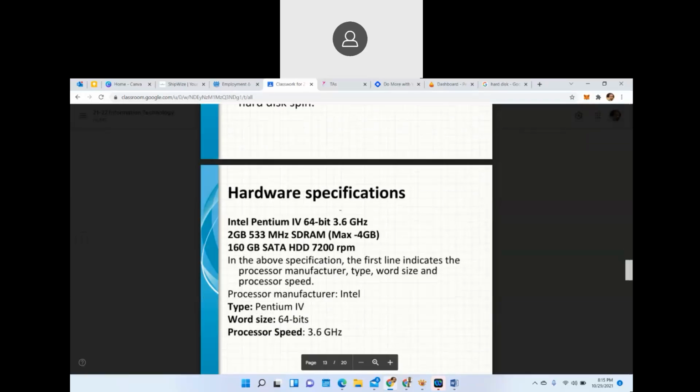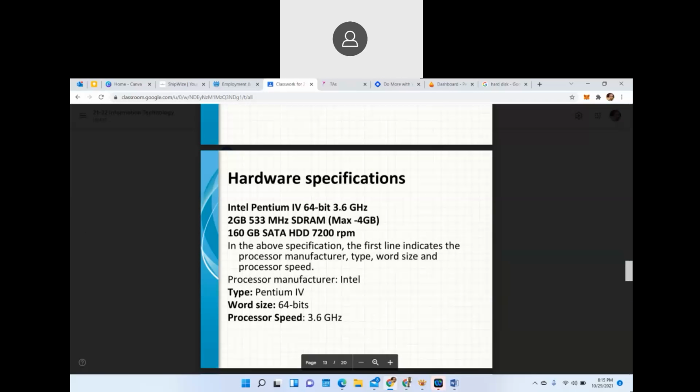But before we go any further, let's look at this hardware specification right here. Usually when you're going to purchase a computer, you're going to see something like this. Intel Pentium 4.